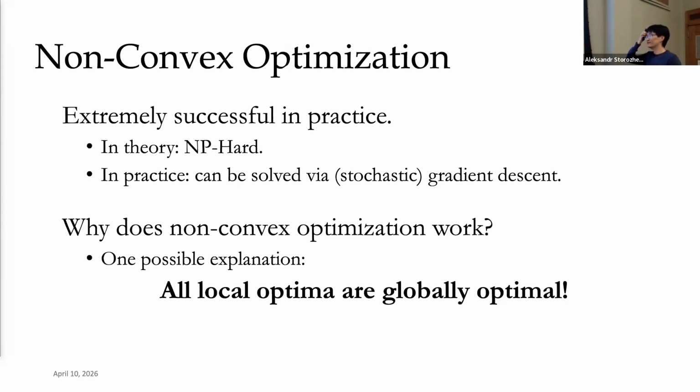A very successful line of work in learning theory offers one possible explanation to this phenomenon, which is that many machine learning problems actually have additional structure in the non-convex objective function. I can actually show that all your lakes are equally deep. If you converge to a second-order stationary point, you can show that all of those are globally optimal or approximately globally optimal.